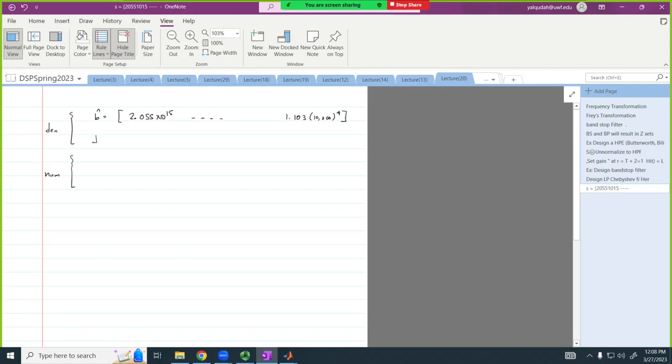Then we're going to calculate D, that is equal to Q multiplied by B hat, which is going to give me 5.07. And again, we'll see all these numbers with MATLAB.